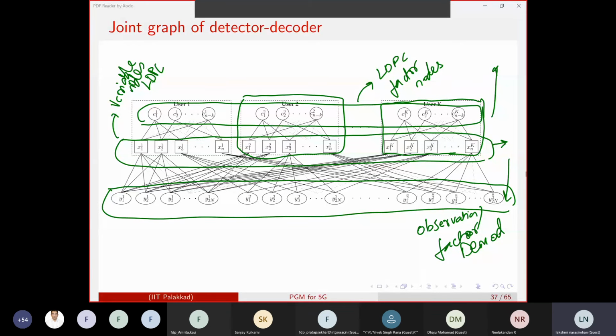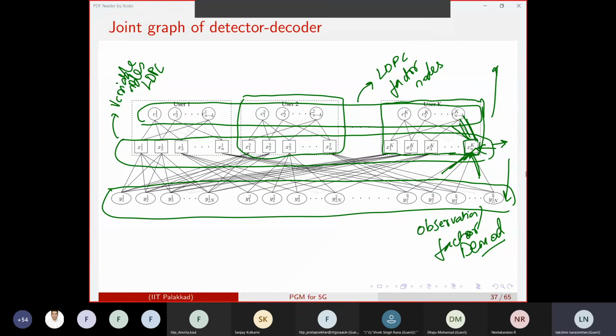And the messages computed at the variable nodes would have been computed twice. Now here, messages that are computed at the factor nodes of the demodulation are sent to the variable nodes. And these variable nodes will take into account the messages from both the factor nodes from the LDPC side and the factor nodes from the observation side.